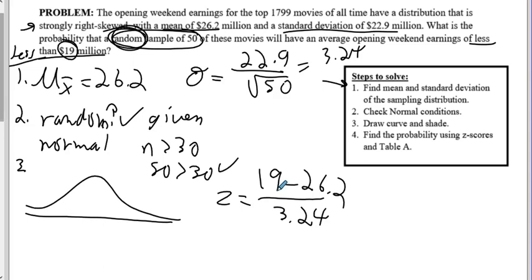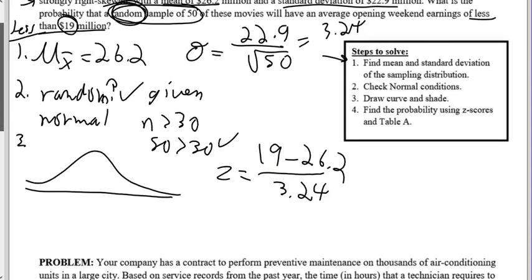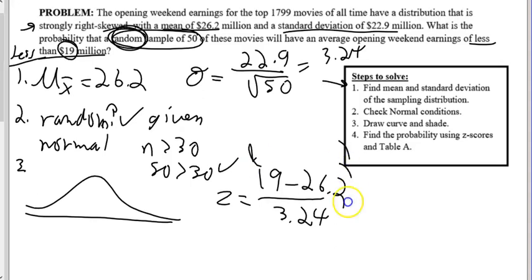Okay? So if we type in 19 minus 26.2, remember, you either have to put this in parentheses in the calculator, and then divide by 3.24, or you type in 19 minus 26.2, enter, then type in divide by 3.24.